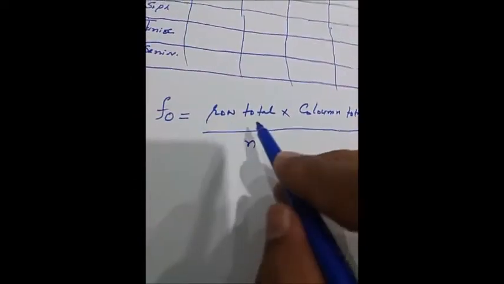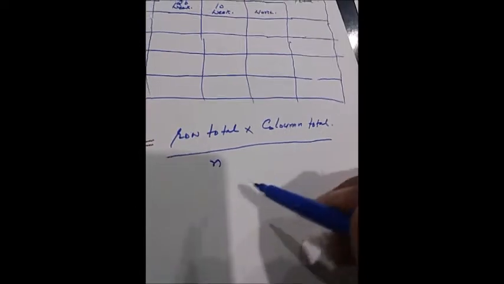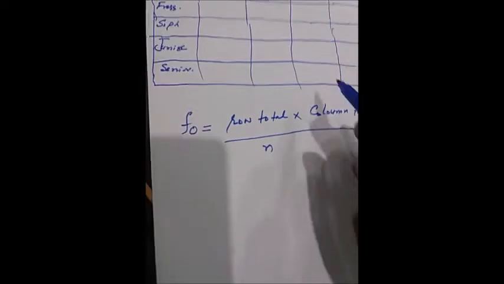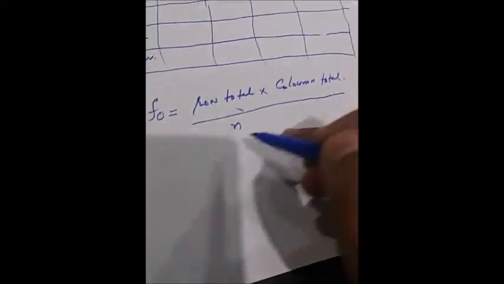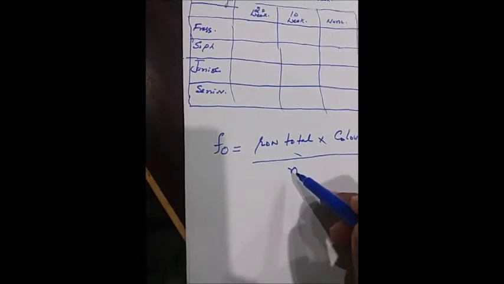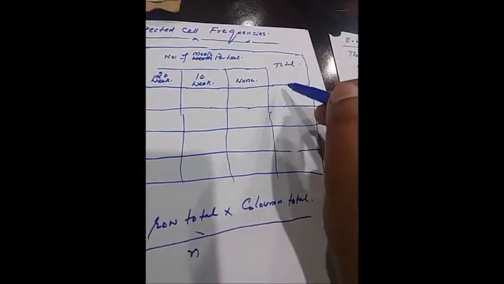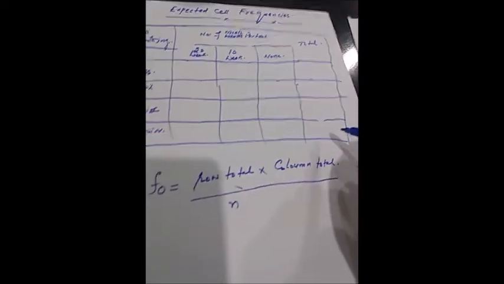This is basically the cross tabulation formula. First we multiply the row total and column total and then divide by n. N means the number of total cases.